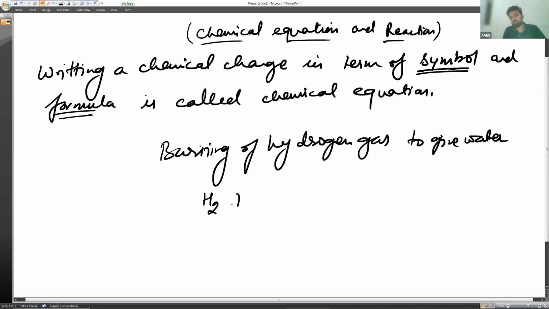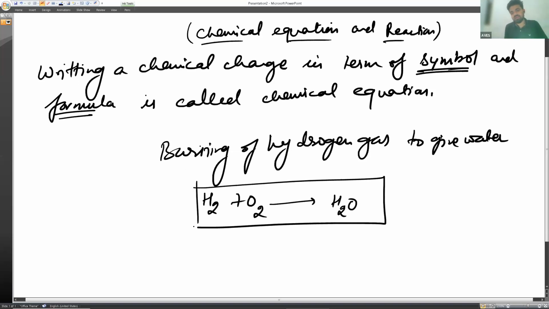So we write H2 plus O2 gives you H2O. Water has a fixed formula, hydrogen has a fixed formula, oxygen has a fixed formula. Writing a chemical change in terms of symbols and formula is called a chemical equation.